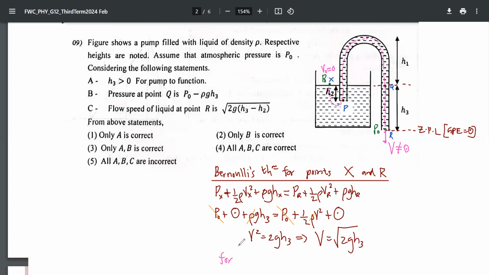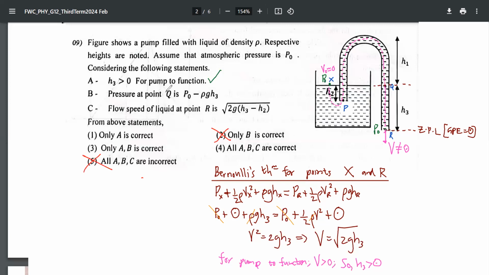V should be greater than 0. So H3 should be greater than 0, because 2g are constants. So H3 can't be 0, it should be bigger than 0. Therefore, statement 1 is correct. If statement 1 is correct, which answers are wrong? Second is wrong, fifth is wrong. We have 1, 3, 4.